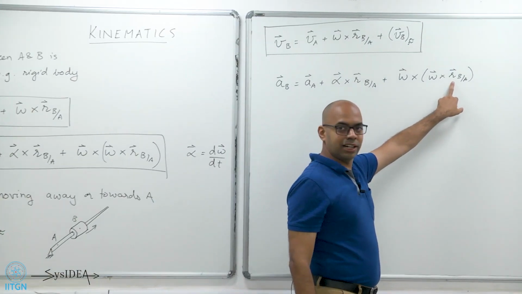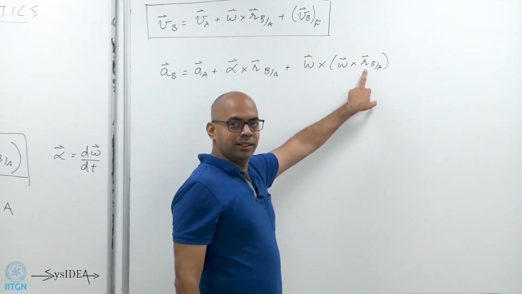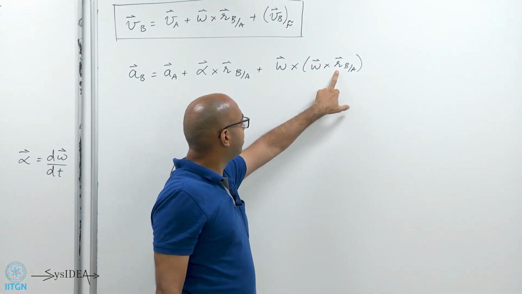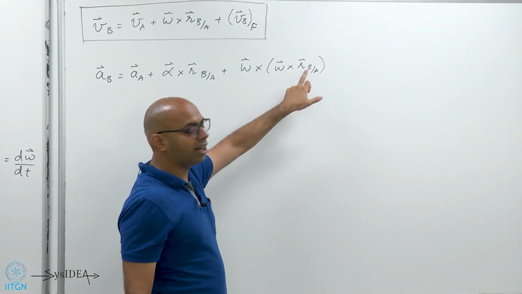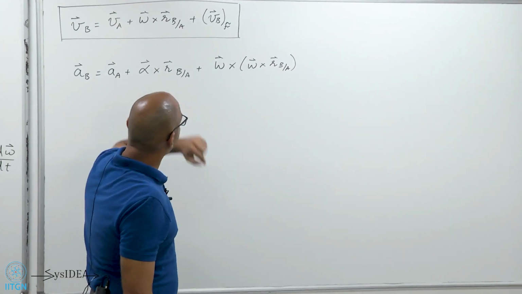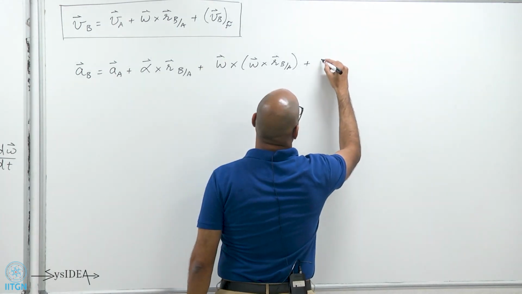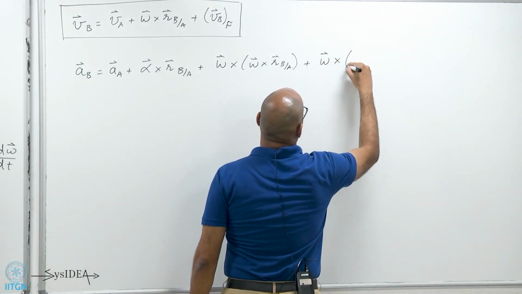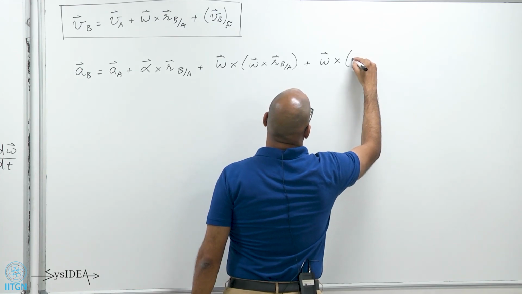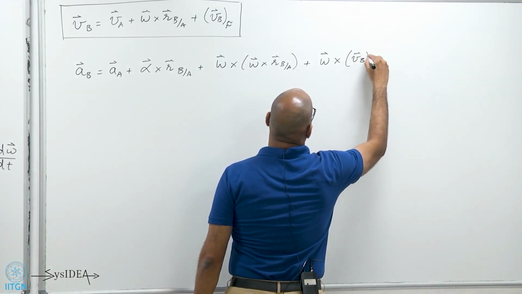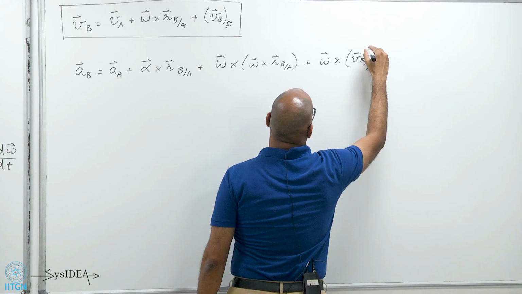When this vector had constant magnitude, that's when the derivative of this vector was just omega cross this. Now you would have another term which is really coming from here, right? So you would also have omega cross VB as seen from F.